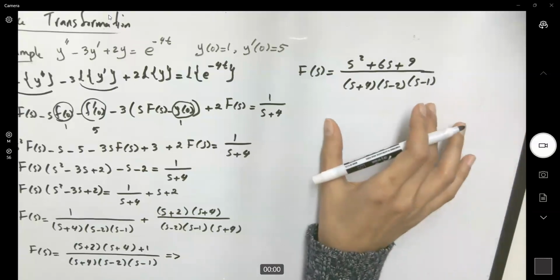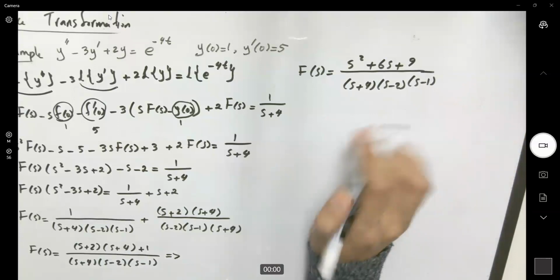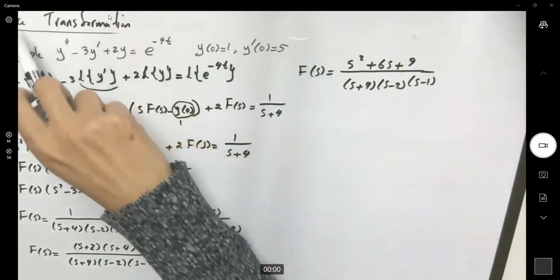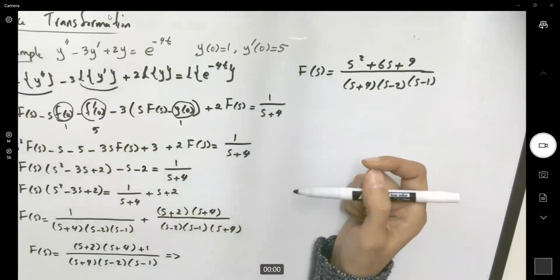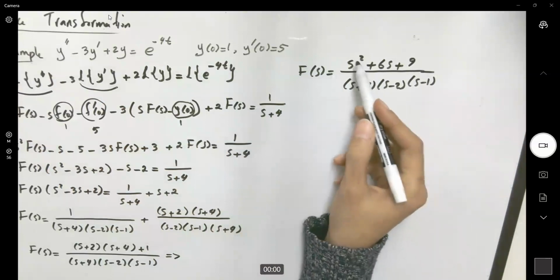So note that our job is to write this as partial fractions, so we can easily take the inverse Laplace transformation and calculate the rest. So let's see what we can do here.